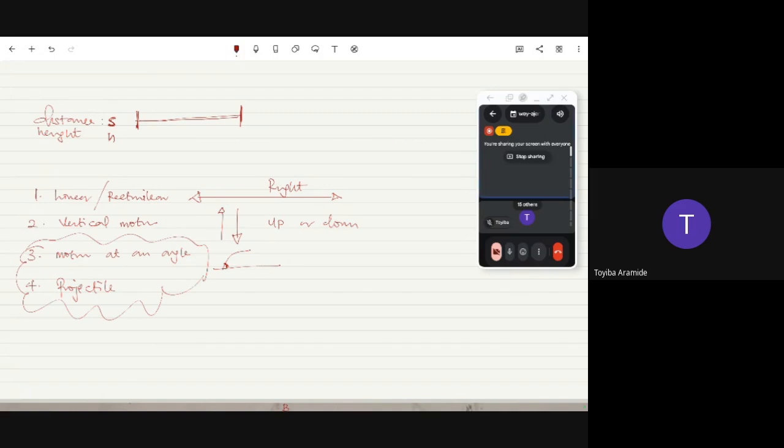Good. That is distance. The unit is meter. Don't forget.